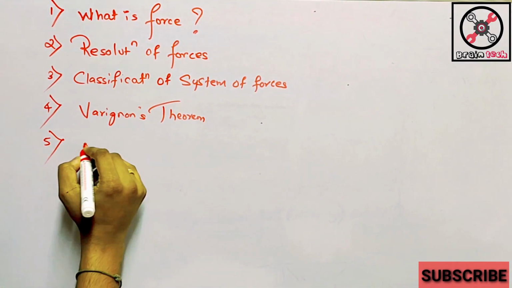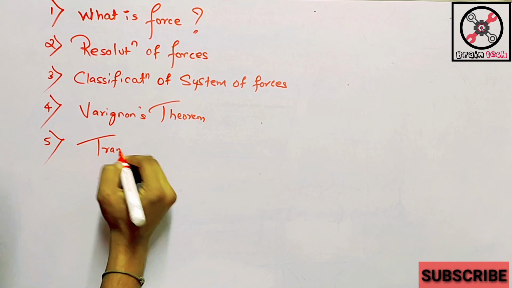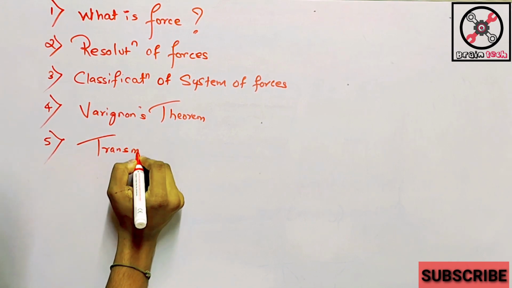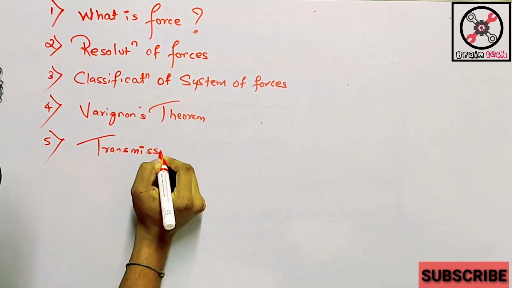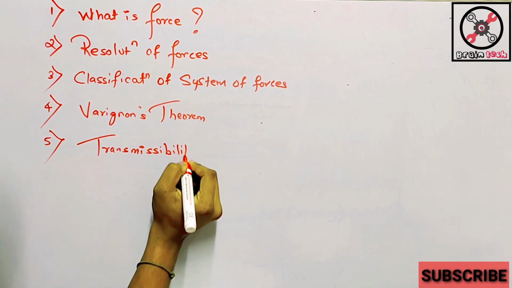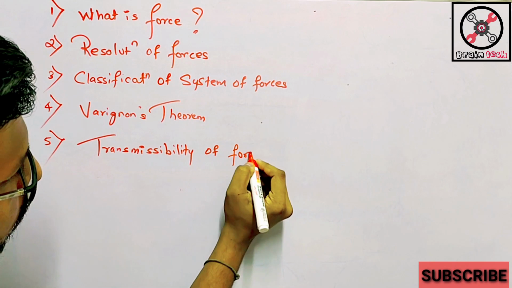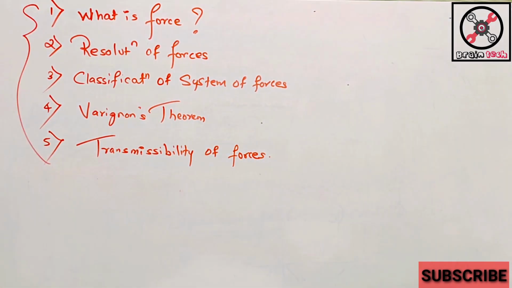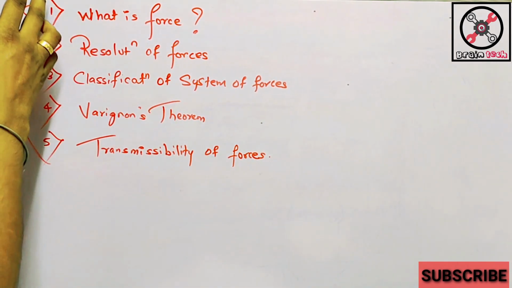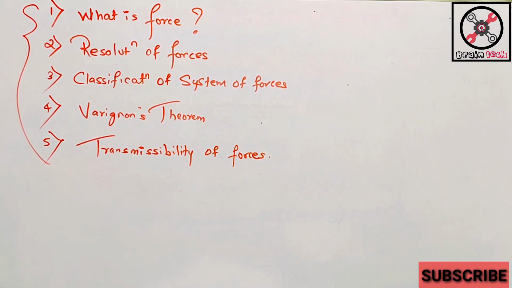Fifth and the last is transmissibility of forces. So guys, these are the 5 key important concepts related to coplanar system of forces. So be tuned with us right from start till the end.